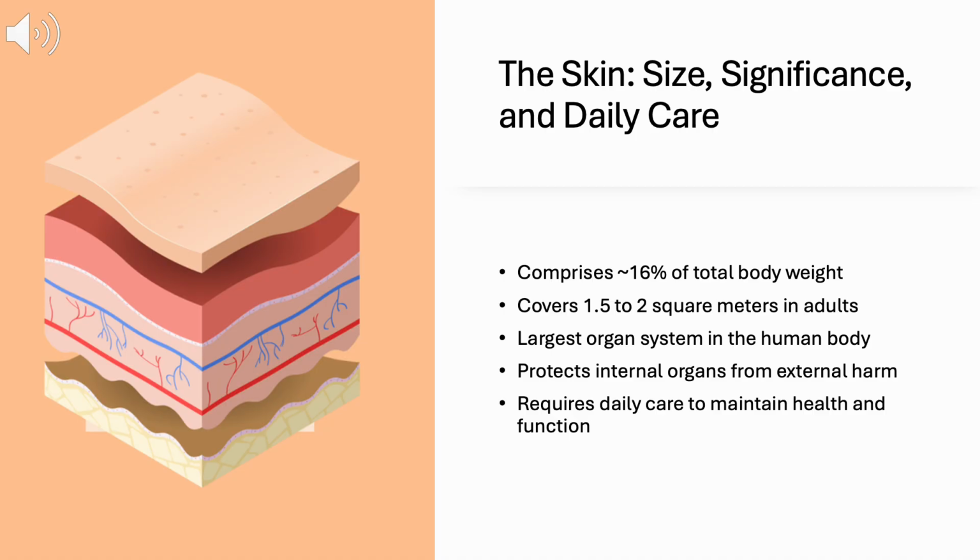Because of its constant exposure to external stressors like sun, pollution, and microbes, your skin requires daily care to remain healthy. This includes hydration, proper hygiene, and protection from excessive sun exposure. The health of the integumentary system is directly tied to your overall well-being, so we'll explore not only its structure and function, but also how to keep it functioning at its best.